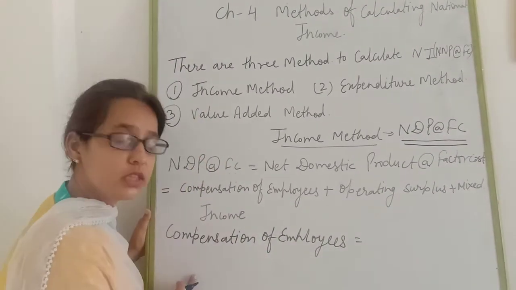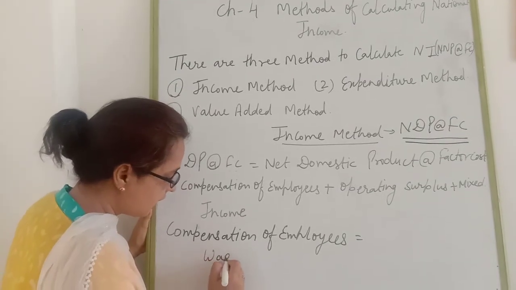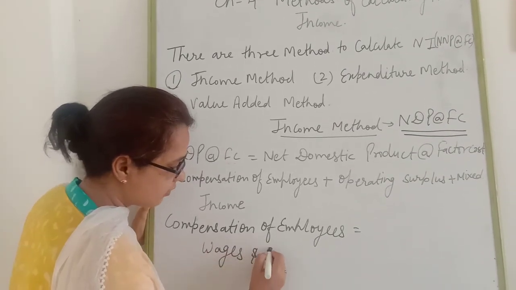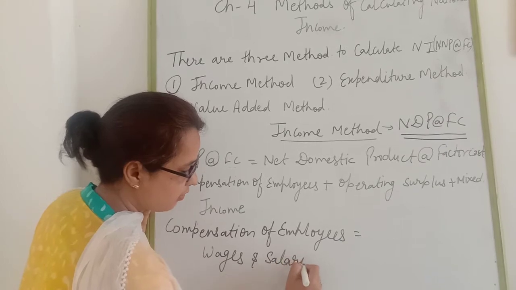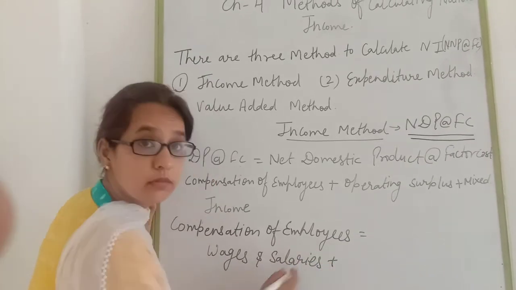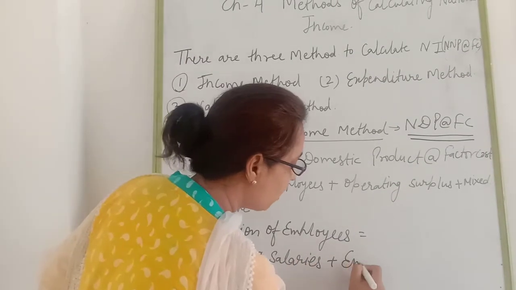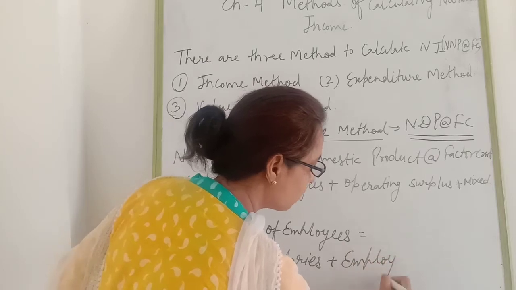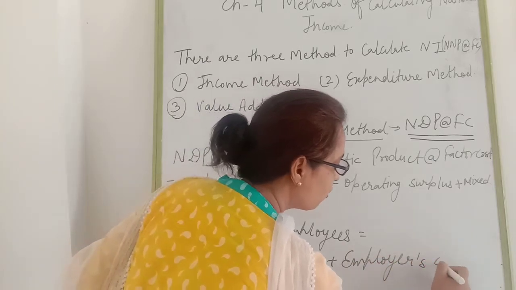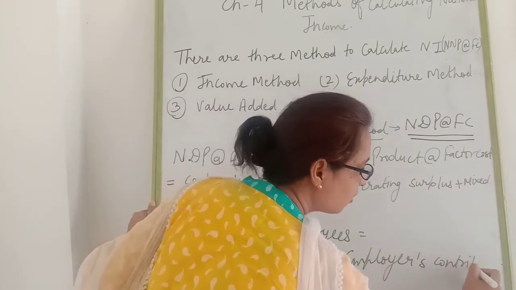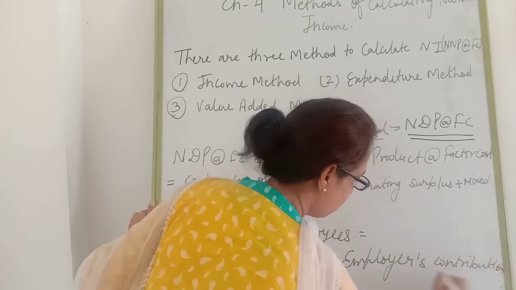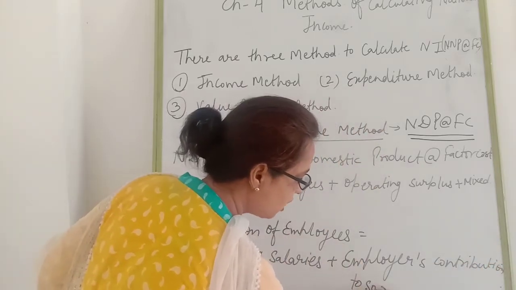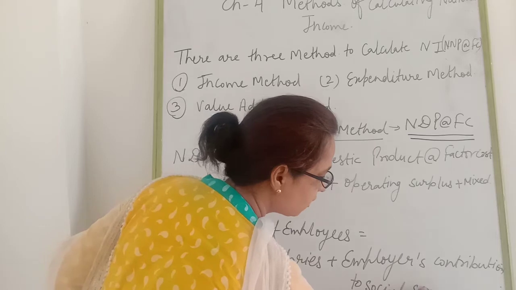How to calculate COE? Wages and salaries plus employer contribution to social security.